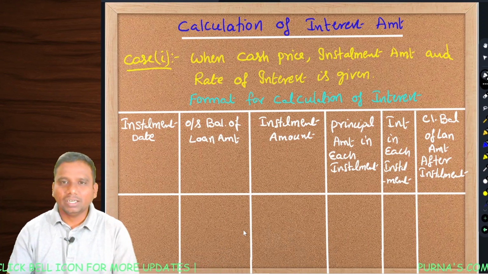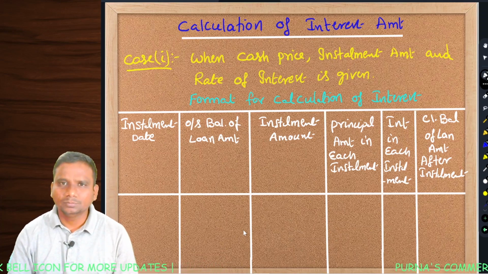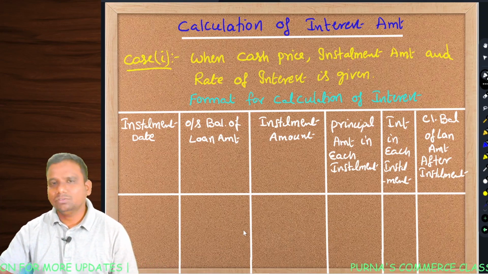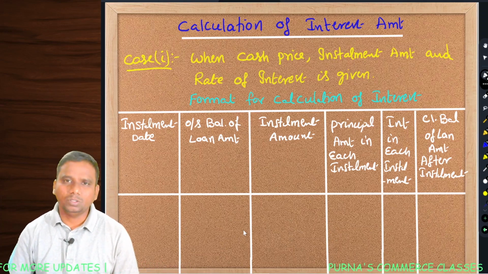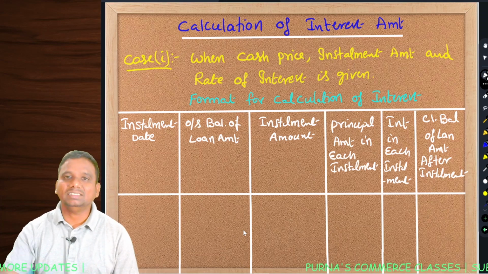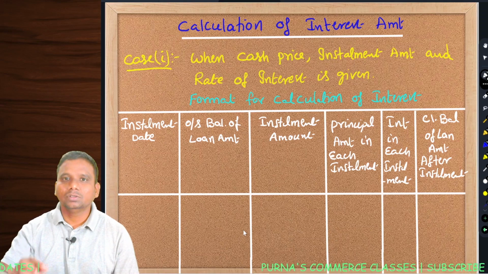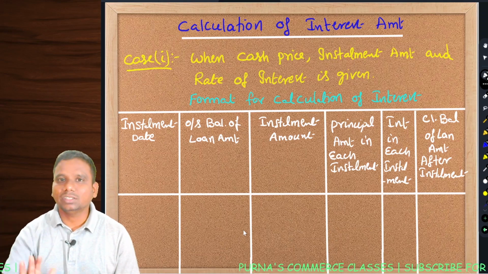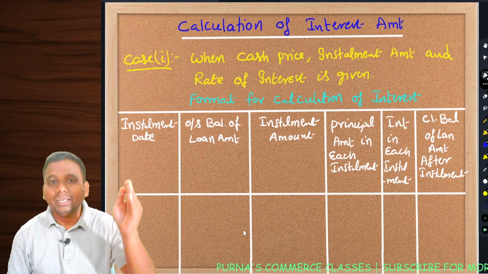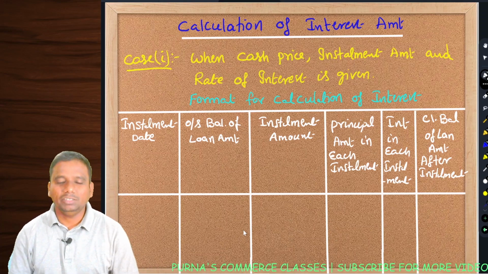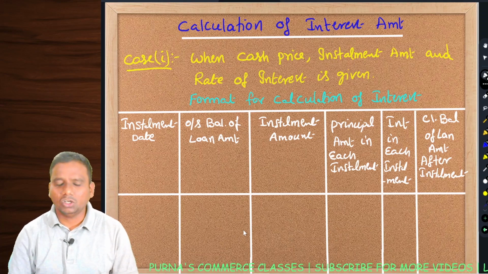For that, we have different scenarios. Once you understand these scenarios, whatever way you get the problem, you can calculate easily. Do remember, in hire purchase problems, recording entries is easy, but calculating the amounts is difficult. Difficult means it is a logical thing.